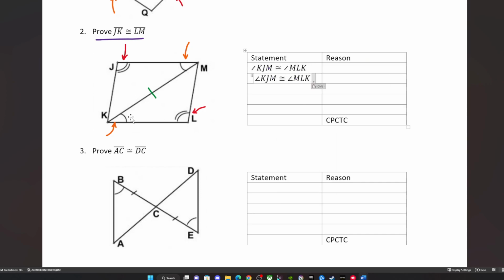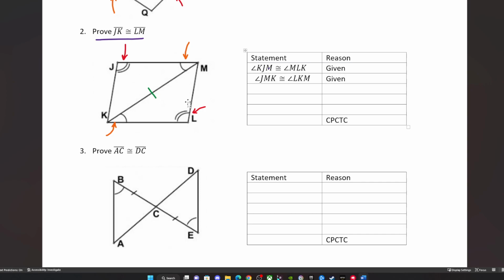Now the other one is the orange one. The orange one on the far right would be angle JMK, and that angle is congruent to this other orange one, which is named LKM. So these two are congruent. So far, those are the red ones and the orange ones, and those are given to us.